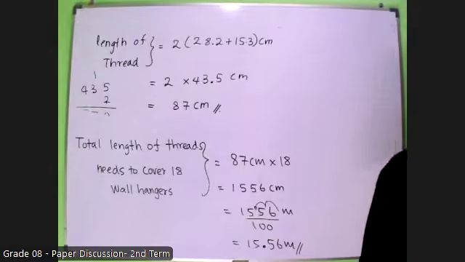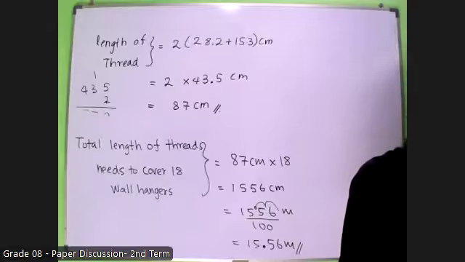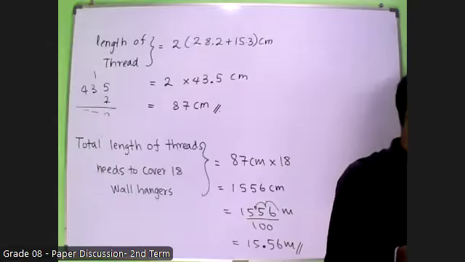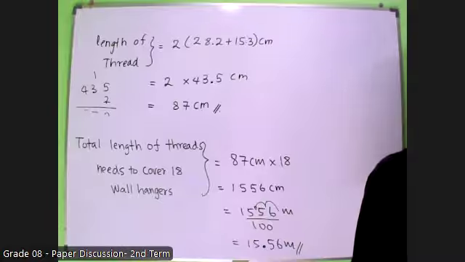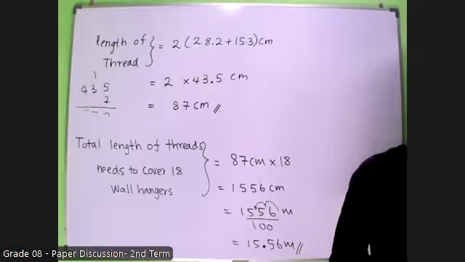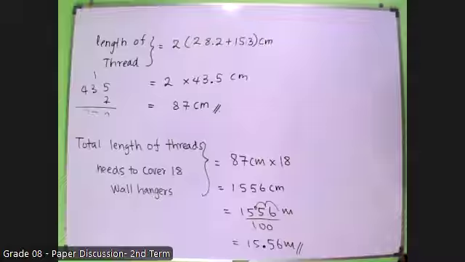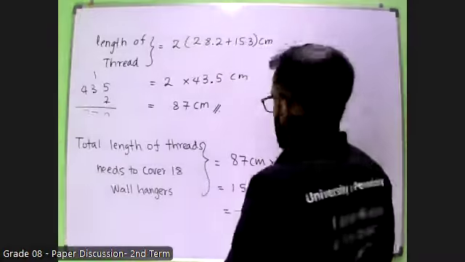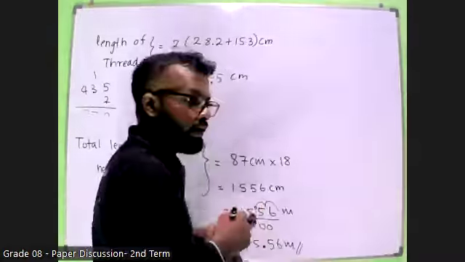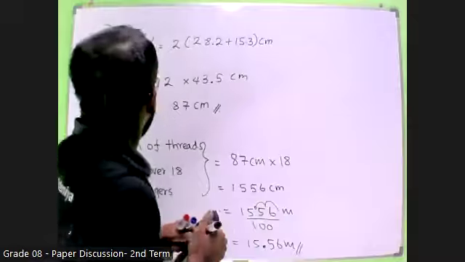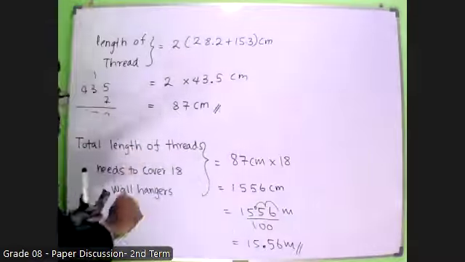Okay, third one. If the price of 1 meter of thread is 20.50, find out the cost which is needed for 18 wall hangings. So we have to find the total cost of the thread, right?